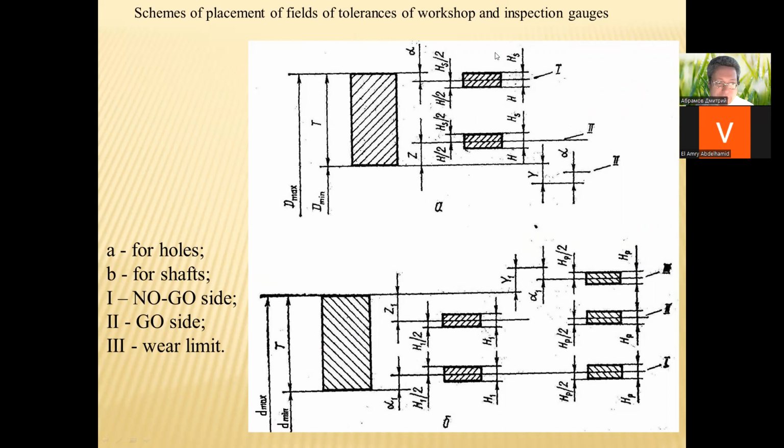You can see the tolerance field of the no-go side gauge for holes, the tolerance field of the go side gauge for holes, and the wear limit. And for the shaft, you can see tolerance fields for the no-go side of the gauge for the shaft and the go side of the gauge for the shaft, and the wear limit.